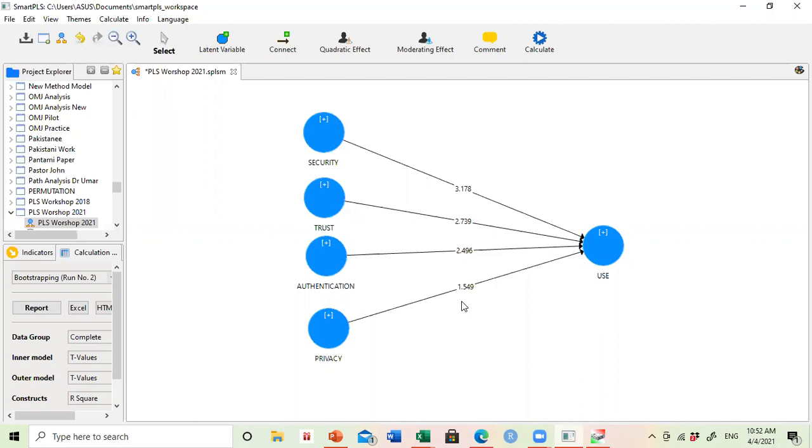So that negative also gives us the impression that even if it were significant, it's not supported, because we don't hypothesize a negative relationship. So whether it's significant or not, from the onset, from the part coefficient or beta value, we have already understood that that one is not supported.